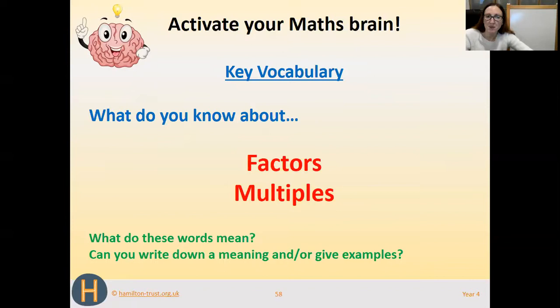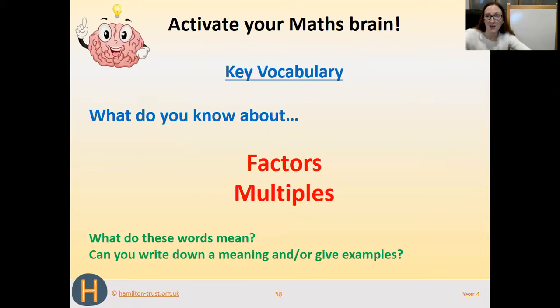What do these words mean? Can you write down a meaning or give some examples? You can either do that by talking out loud to the computer screen or to somebody else at home that you can discuss these ideas with, or you could just jot down your thoughts on the page. Pause the video now and give that a go.